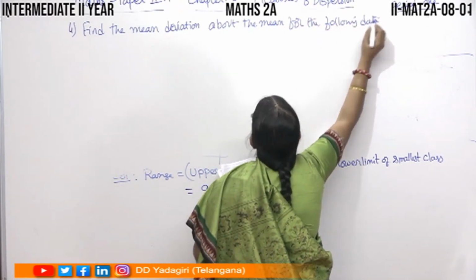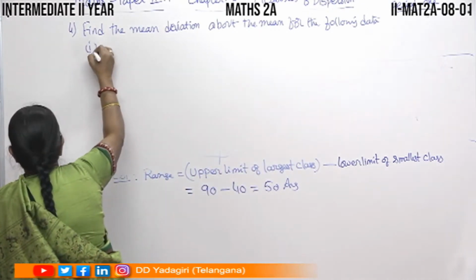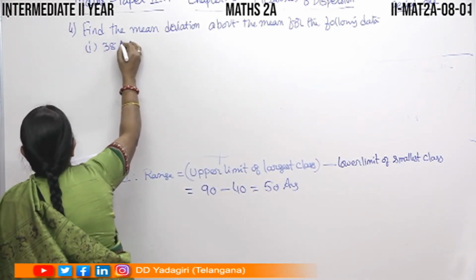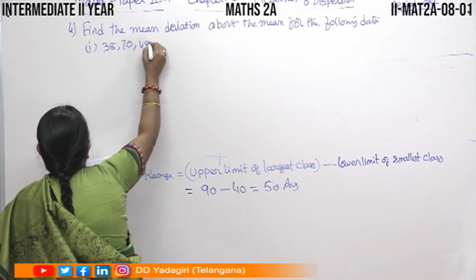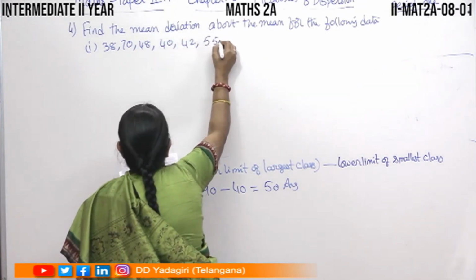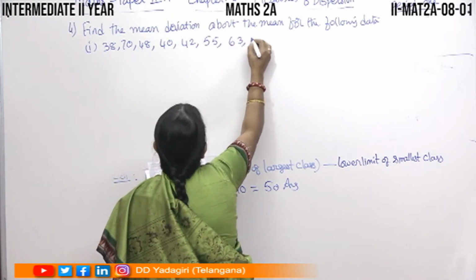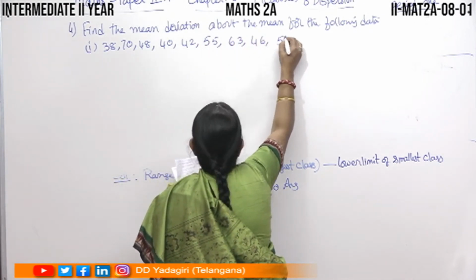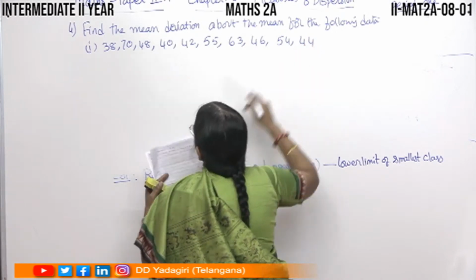Three bits are there. First: 38, 70, 48, 40, 42, 55, 63, 46, 54, 44.